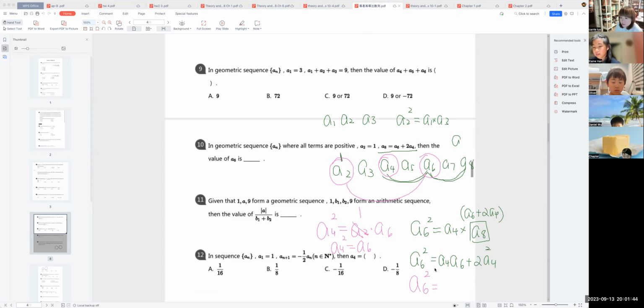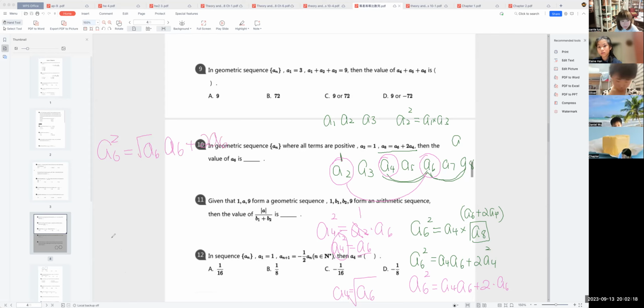Because the question is asking us the A6, so I've transferred this one into A6. Because A4 squared equals A6, understand? Okay, and also A4 equals the square root of A6. So we can replace this one: A6 squared equals square root A6 times (A6 plus 2 times square root A6).